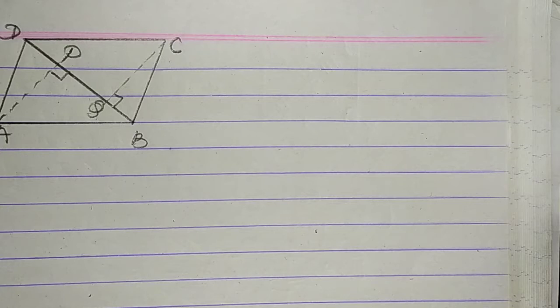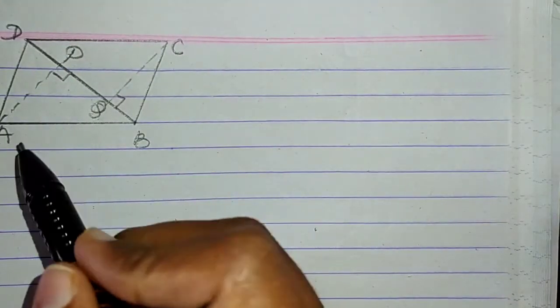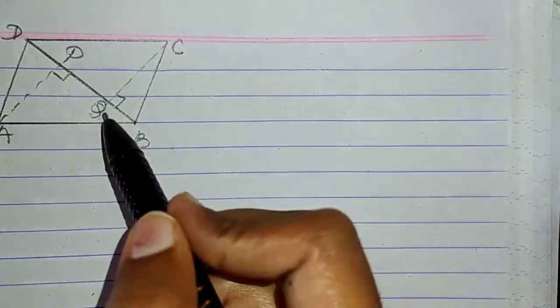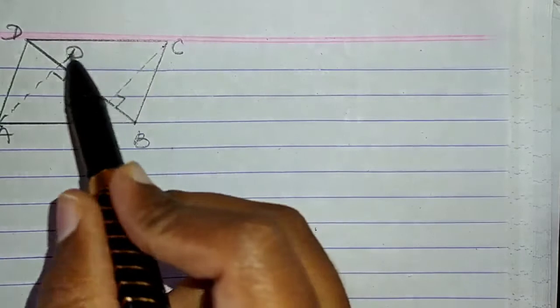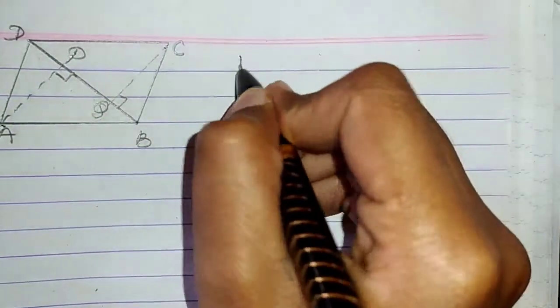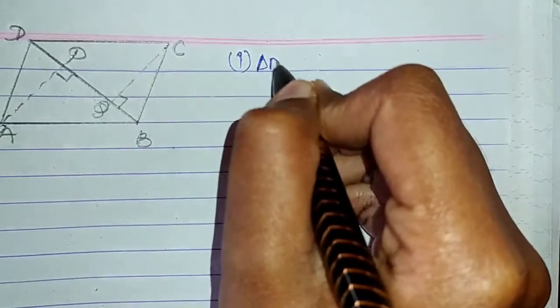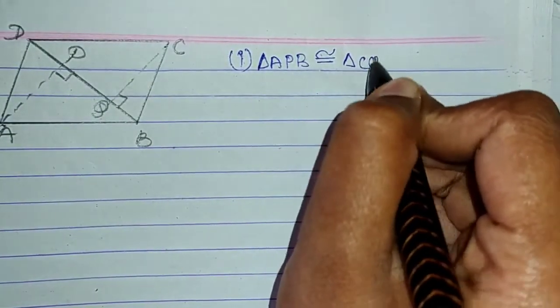In question number 10, ABCD is a parallelogram and AP and CQ are perpendiculars from vertices A and C to the diagonal BD. Show that first, triangle APB is congruent to triangle CQD.